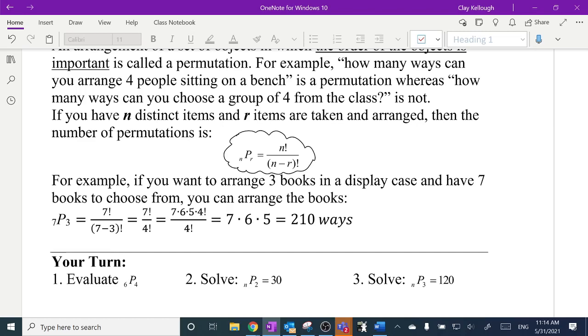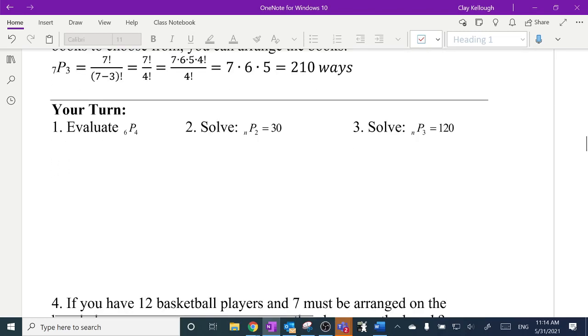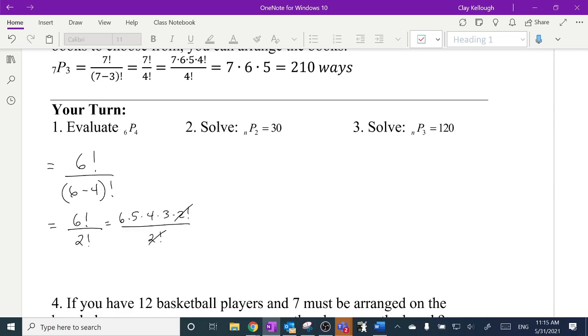All right, let's start evaluating some of these. Let's use the formula. 6P4 is 6 factorial over 6 minus 4 factorial, which is 6 factorial over 2 factorial, which is 6 times 5 times 4 times 3 times 2 factorial over 2 factorial, and that's 360.